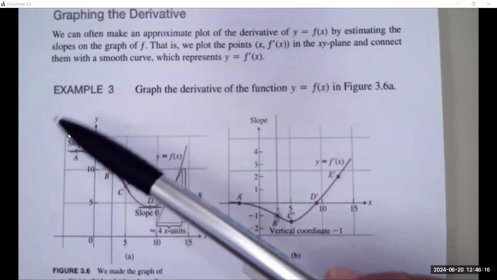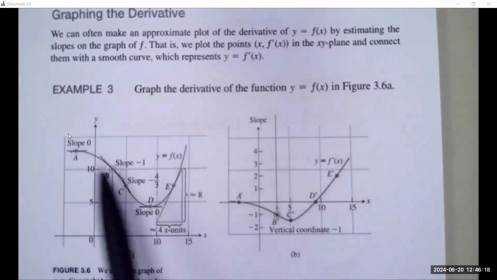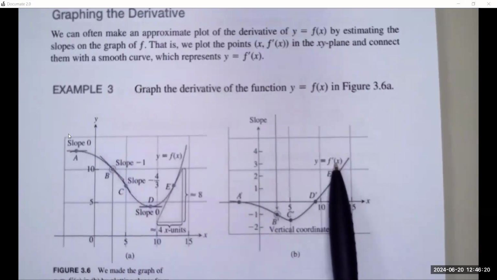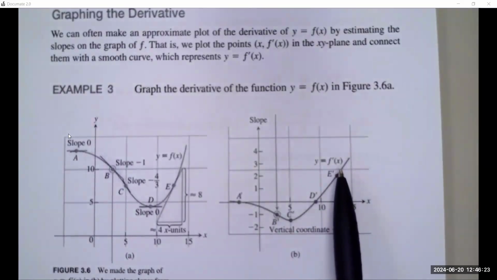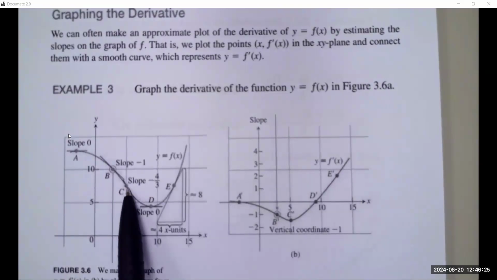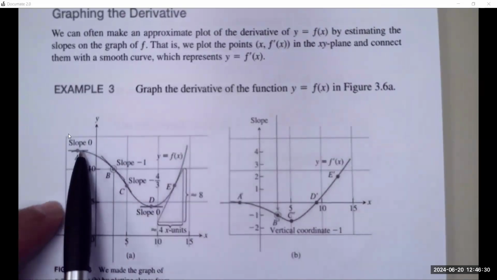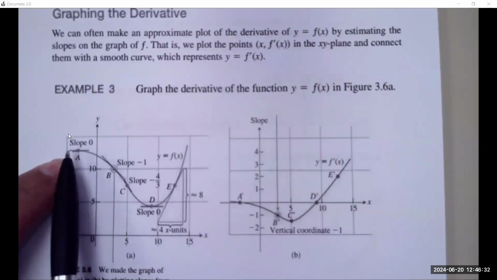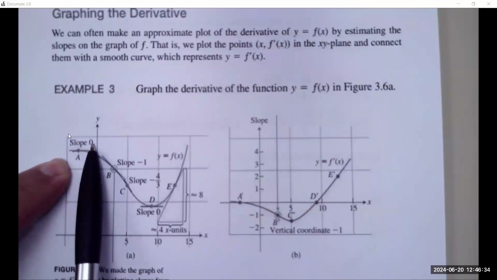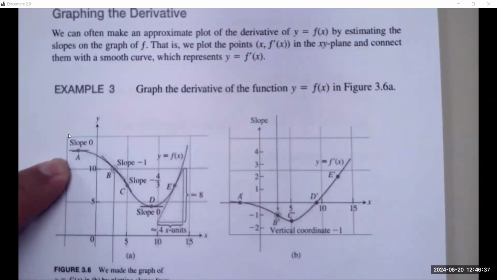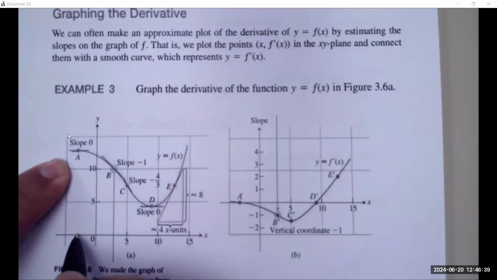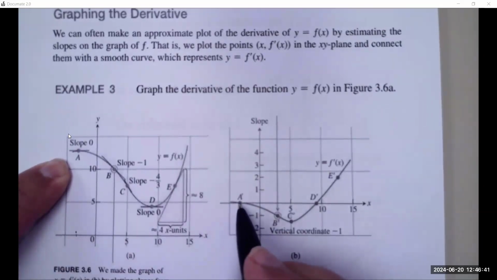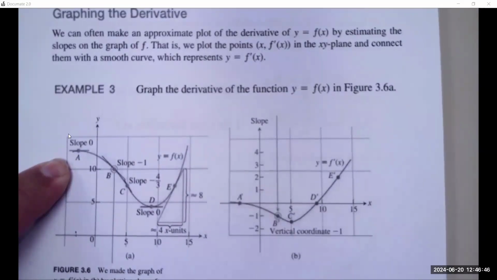So for each of these locations, this is f of x. This graph is the function f prime of x. This is the derivative, the graph of this derivative. So in this first point, what is the slope of that graph? That graph is 0. So at this value of x, whatever that is, the a prime is going to be on the x-axis because the slope is 0.